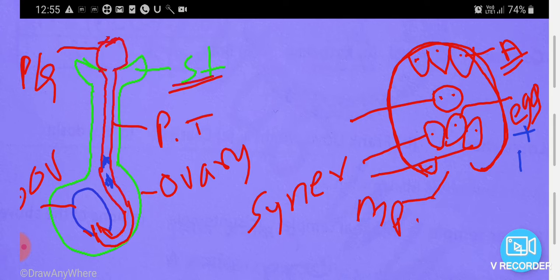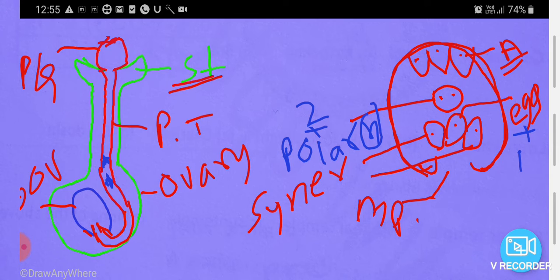One male gamete fuses with the egg cell, and the second male gamete fuses with the secondary nucleus, which is also called the polar nucleus.